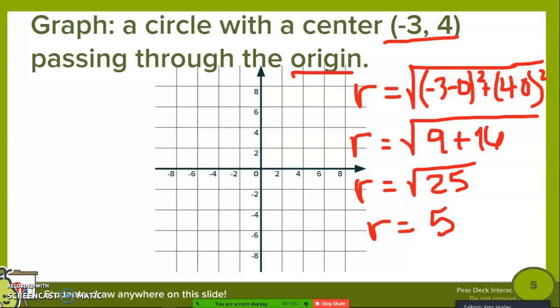So if I know that my center is -3, 4, -3, 4 is right here, and my radius is 5, so that would put us here, 5 down, 5 to the right, 5 to the left. So that puts our circle right about there.